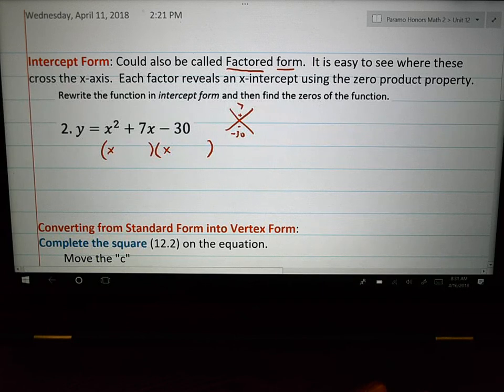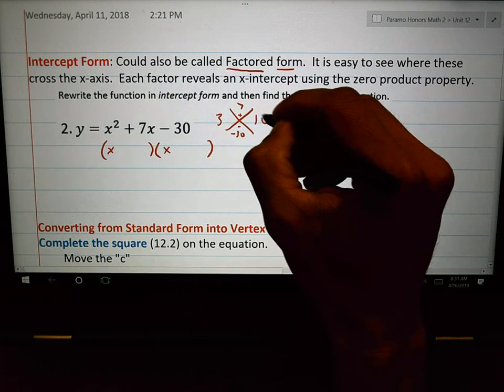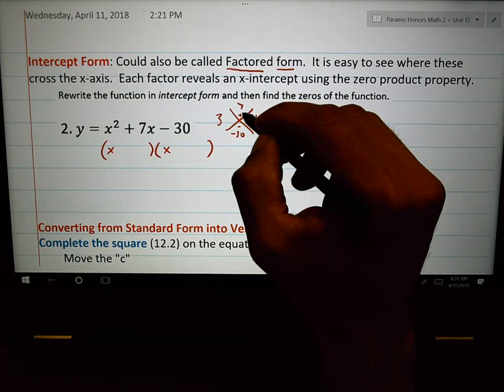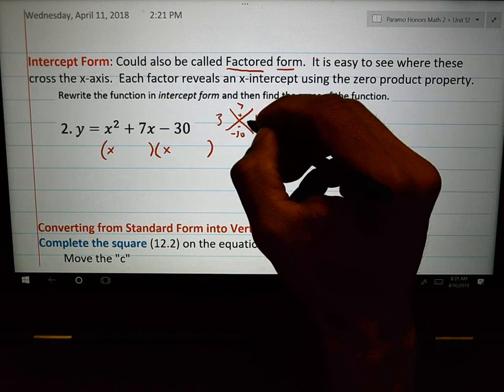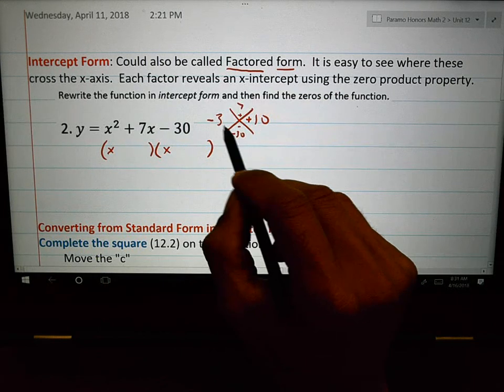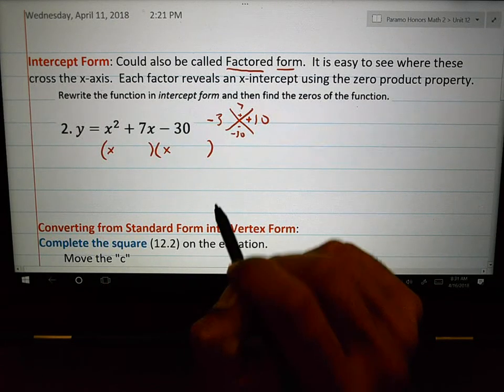This is kind of like what I do with my Math 2 class. I do something like this where what multiplies to be negative 30 but adds to be 7. I'm thinking it has to do with the two numbers 3 and 10. Like 3 times 10 is 30, and if you do something, we can probably get a positive 7 out of that. If I put a plus 10 and a minus 3, that looks like it might multiply to be negative 30 and add to be a positive 7.